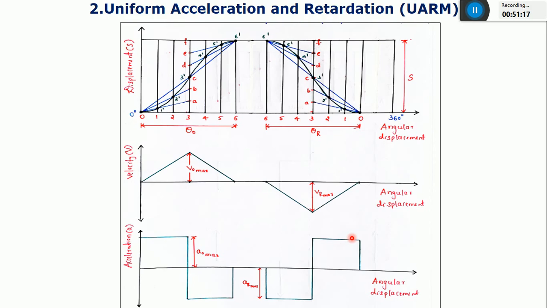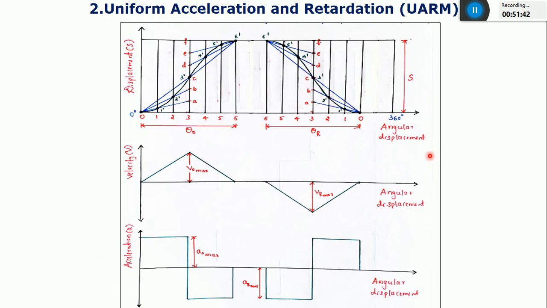Retardation is nothing but a deceleration. And for a particular type of cam and follower, if you are getting this pattern of acceleration diagram, I can classify that particular follower as a uniform acceleration and retardation follower.